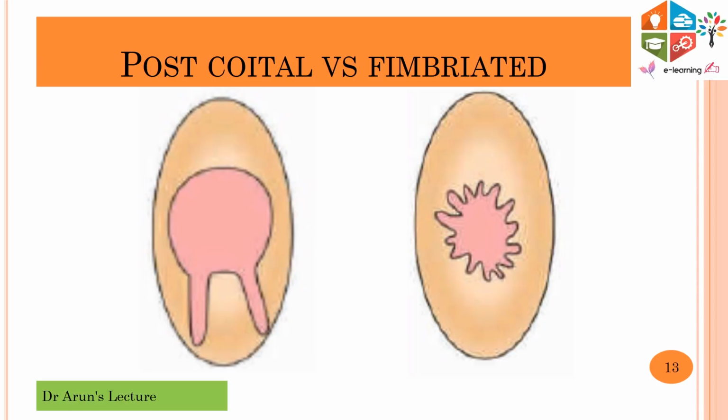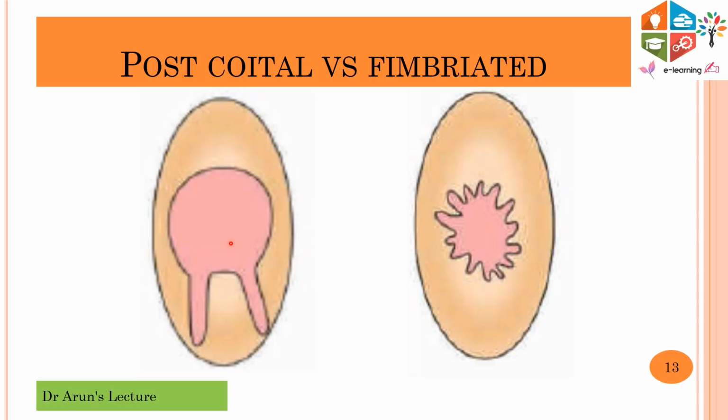The postcoital and fimbriated hymen. First and foremost, the situation of the notches. In the case of a ruptured or postcoital hymen, the notches or tears are seen on the posterior aspect, whereas in the fimbriated hymen they are mostly on the anterior aspect, and it appears symmetrical in shape, whereas the central opening is asymmetrical in the postcoital type.